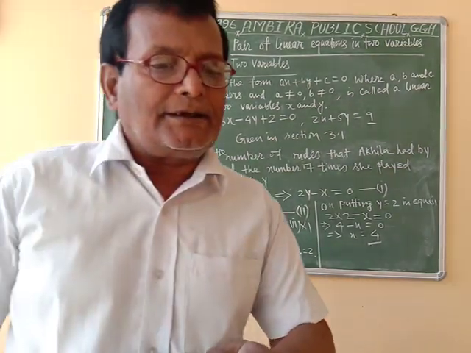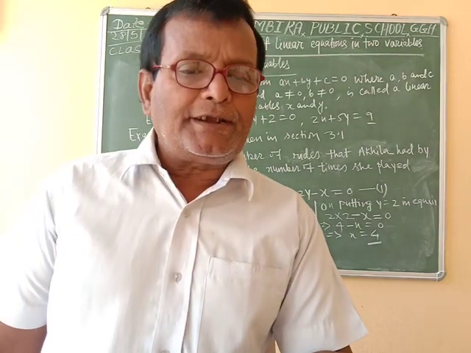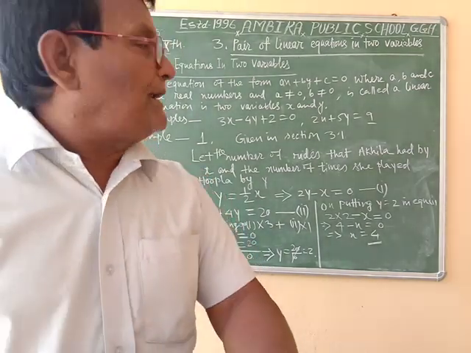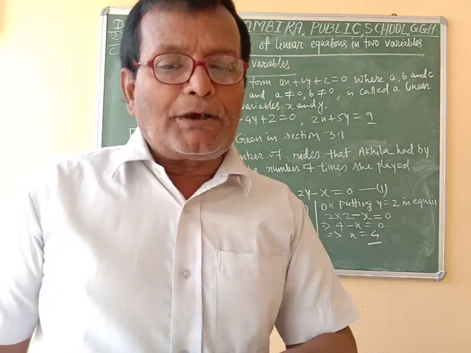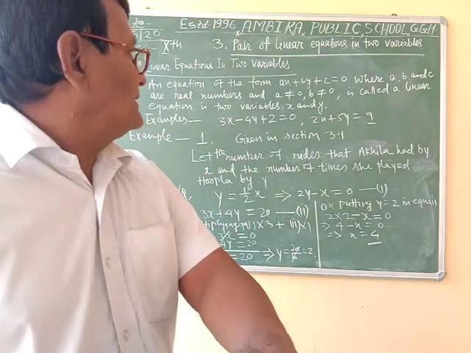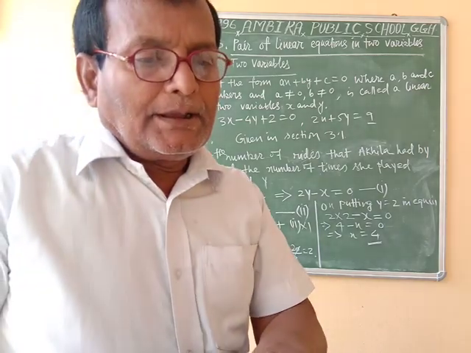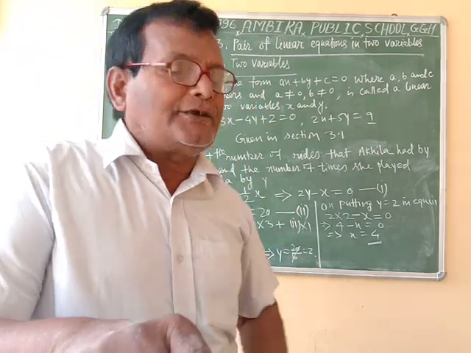Try to understand. Akhila went to a fair in her village. She wanted to enjoy rides on the giant wheel and play Hopla. The number of times she played Hopla is half the number of rides she had on the giant wheel.